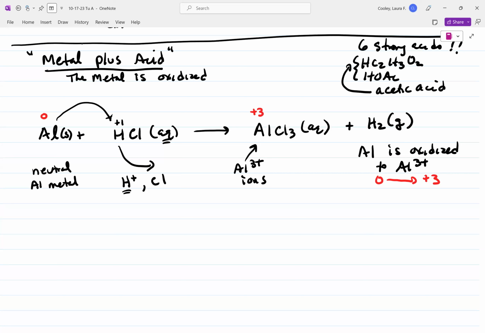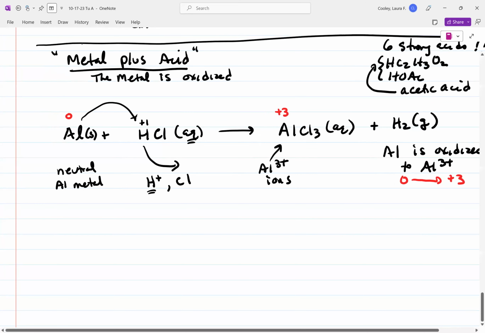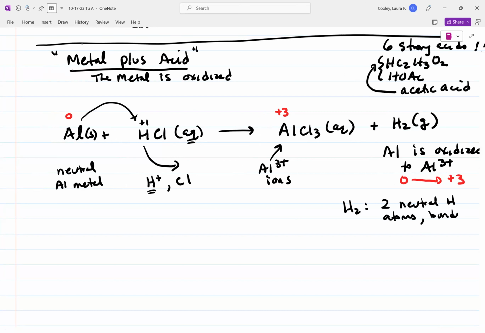So hydrogen goes from a +1 charge on the left, and now here, in the form of H2, it's part of the elemental hydrogen. That's 2 neutral hydrogen atoms that are bonded together. Whenever you have the elemental form, the natural form of an element, it's 0.